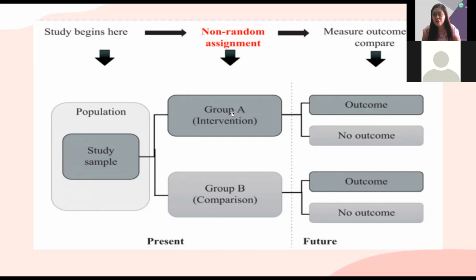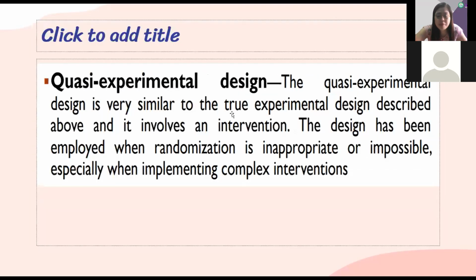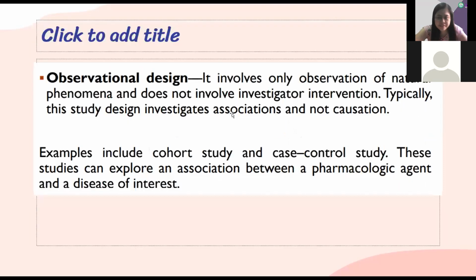Dili to siya random, kay ikaw lang ang nag-decide. Dapat random jud nga sila tanan equal chance nga mabilong sa group A or mabilong sa group B. That we call quasi-experimental design.